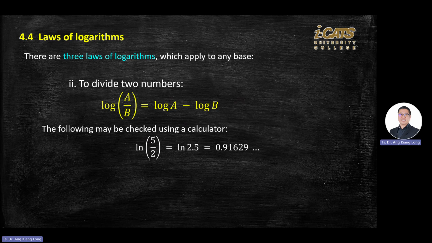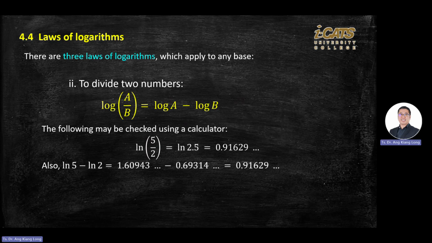So if you have ln of 2.5 divided by 2, it can be directly changed into a decimal number and you press the calculator. But sometimes you can break it into two different identities. Sometimes A will represent something, B will represent something.